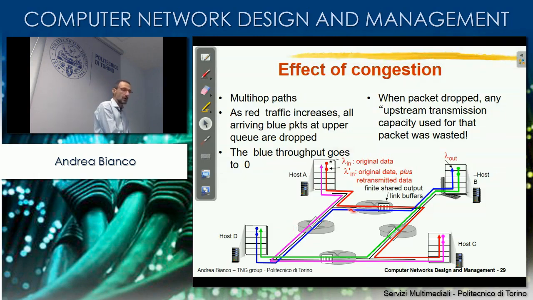So if on this link you have a speed of 100 megabits per second, and if there is fairness here in accessing this buffer and in scheduling and everything, these two flows will get 50%, correct? So 50 megabits for the blue one and 50 megabits for the violet. Not more than that for the blue, for sure, right?